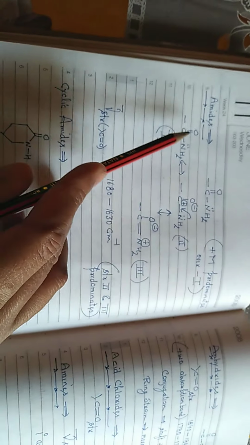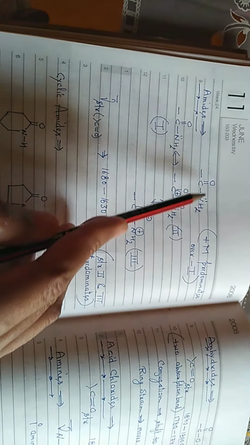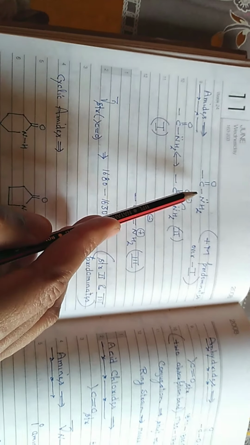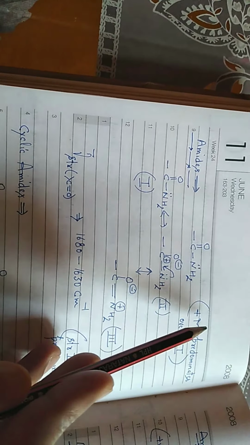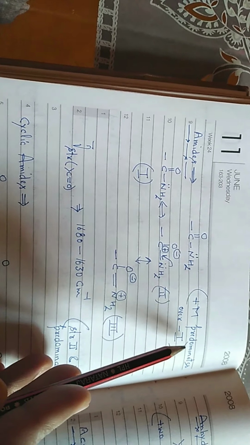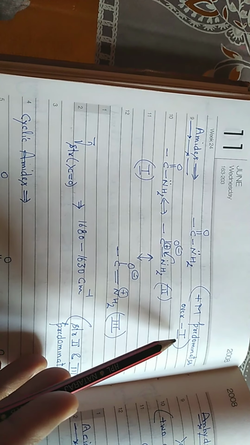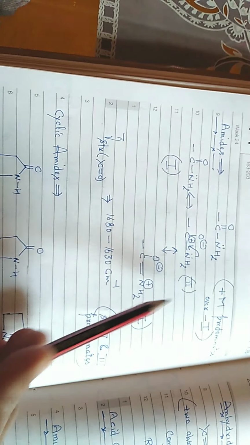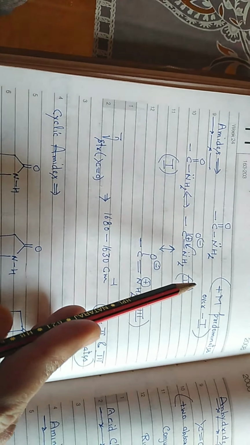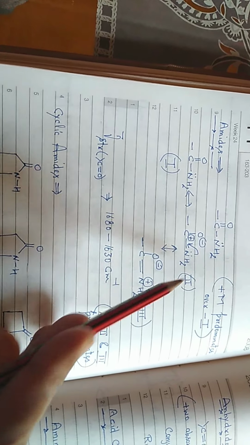In amides, the functional group is CONH2, carbon double bond O, single bond NH2. Here, because the nitrogen atom is less electronegative, the plus M effect predominates over minus I. That's why the contribution of structures 2 and 3 becomes more.